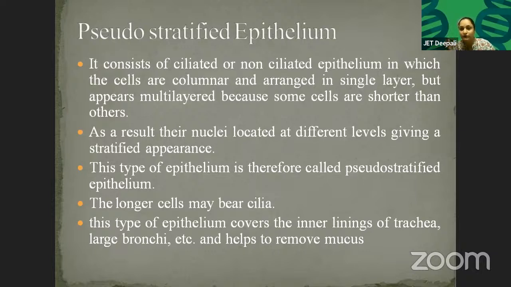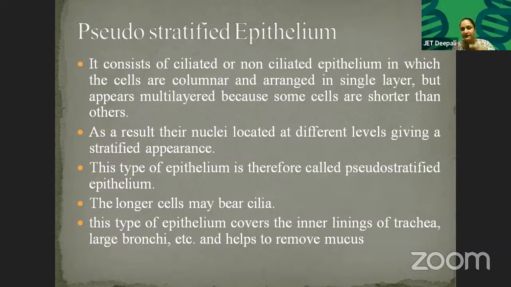They appear as if there are more layers because the nuclei are not in a proper line, but the cells are arranged in a single layer. It appears multi-layered because some cells are shorter than others. As a result of their nuclei being located at different levels, it gives a stratified appearance.